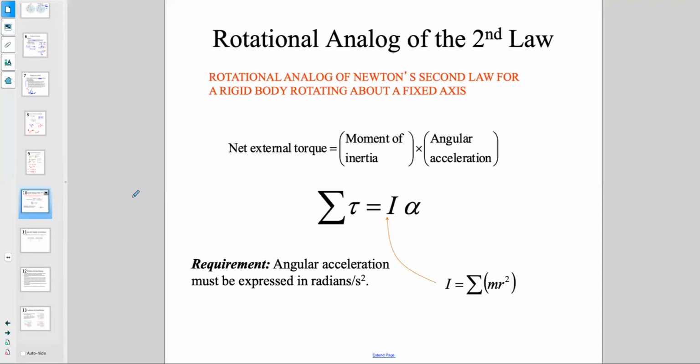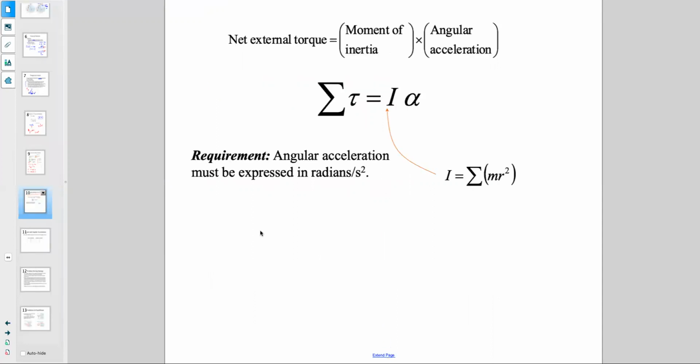Rotational analog of the second law: net external torque equals moment of inertia times the angular acceleration. This is the exact analogy that we use for the linear second law. The linear second law was telling me that sigma F, or F of net, or F of external, is ma.